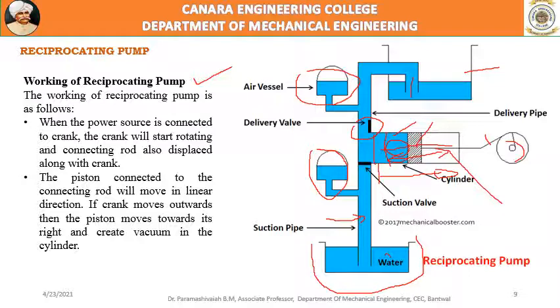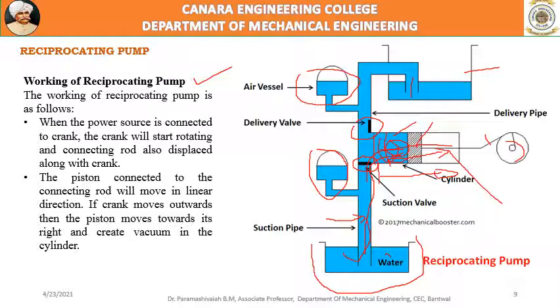Because of that vacuum, the suction valve opens up, and due to the suction pressure, water is sucked into the cylinder, and at the end of the suction stroke, the cylinder is filled with water.